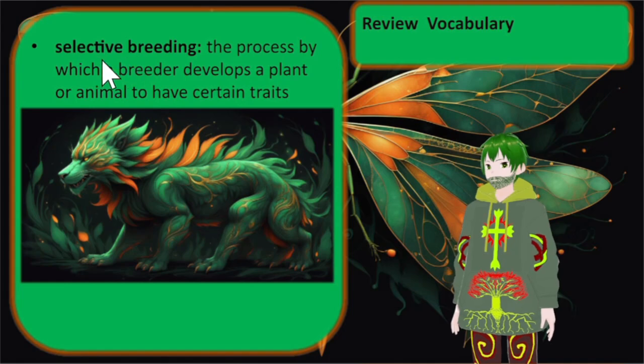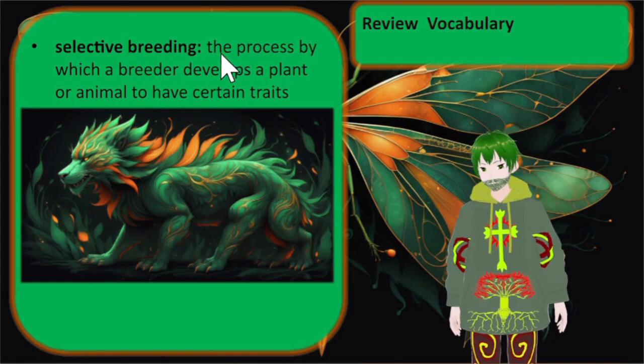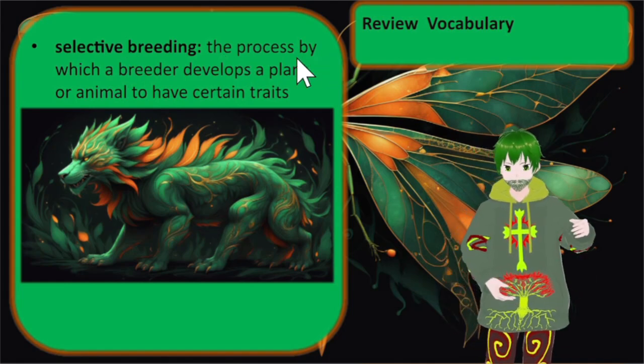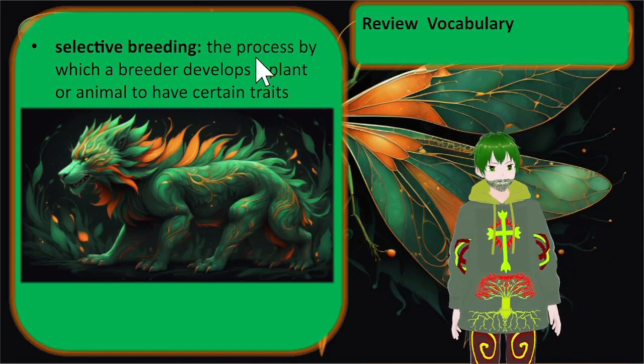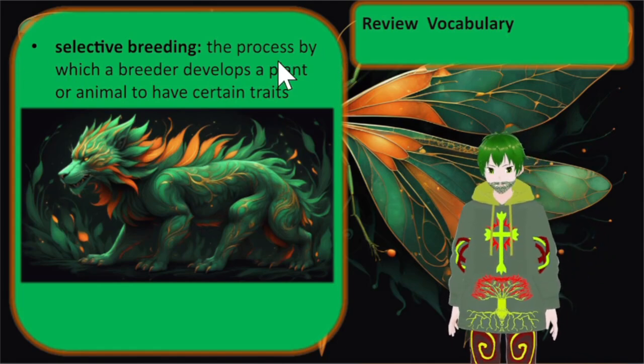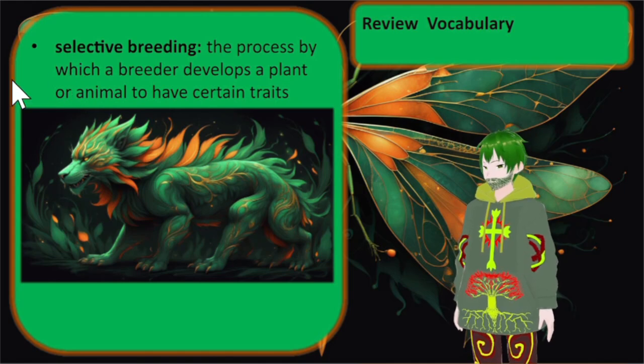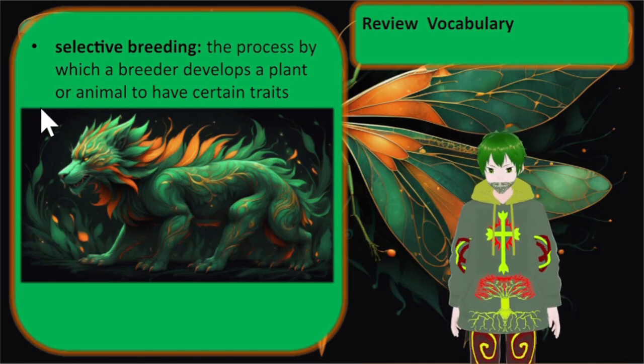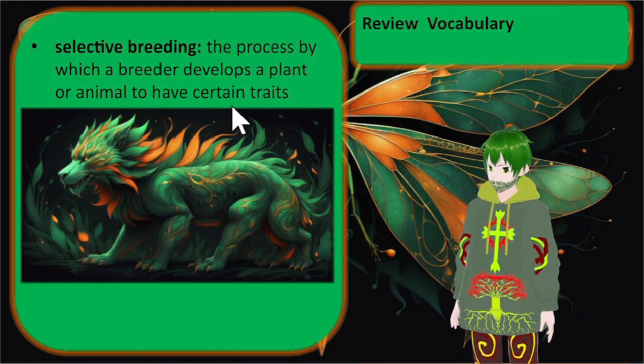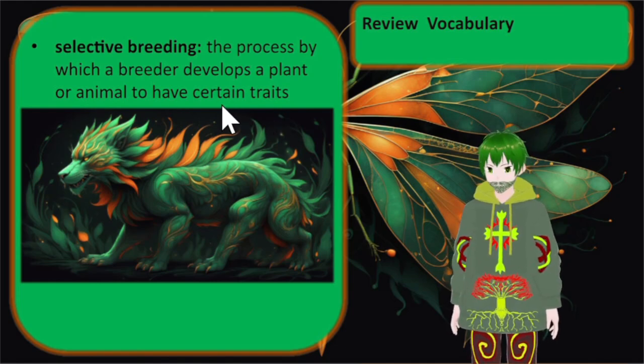So, selective breeding is something that hopefully you remember from our units on genetics, and is the process by which a trait is developed by the breeding of certain animals and not others of the same species for preferable traits.